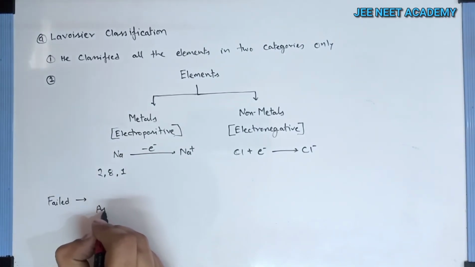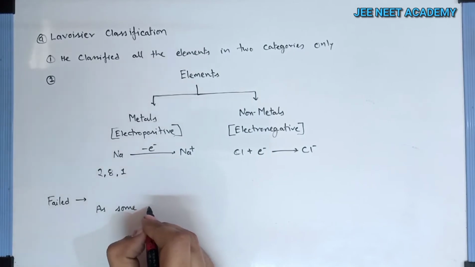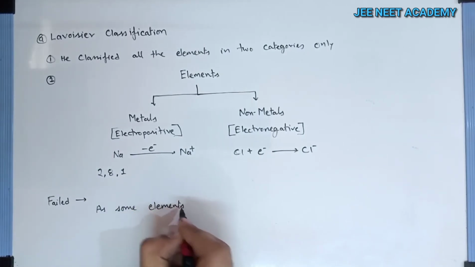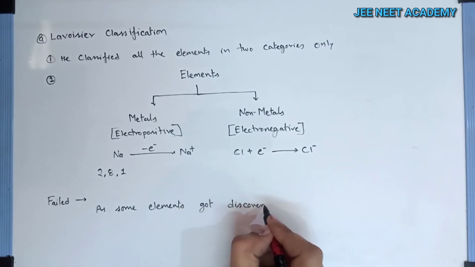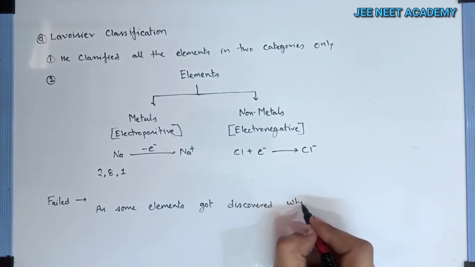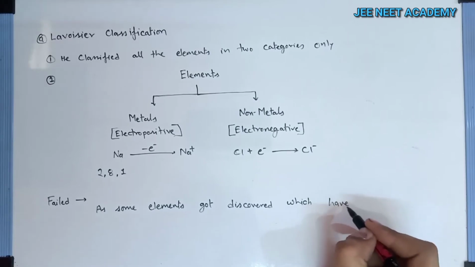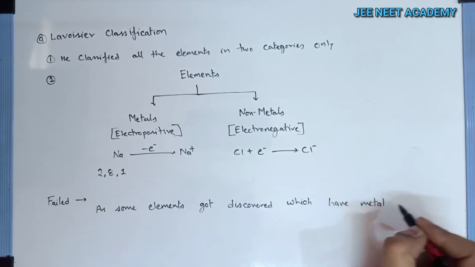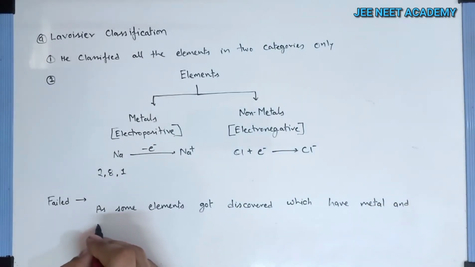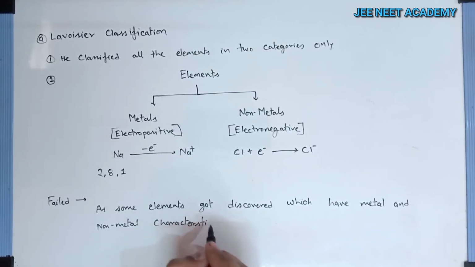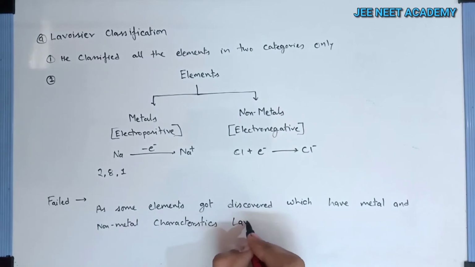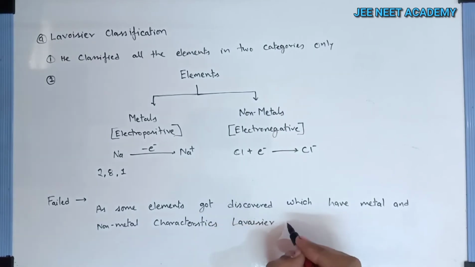As some elements got discovered which have metal and non-metal characteristics, Lavoisier's classification failed here.